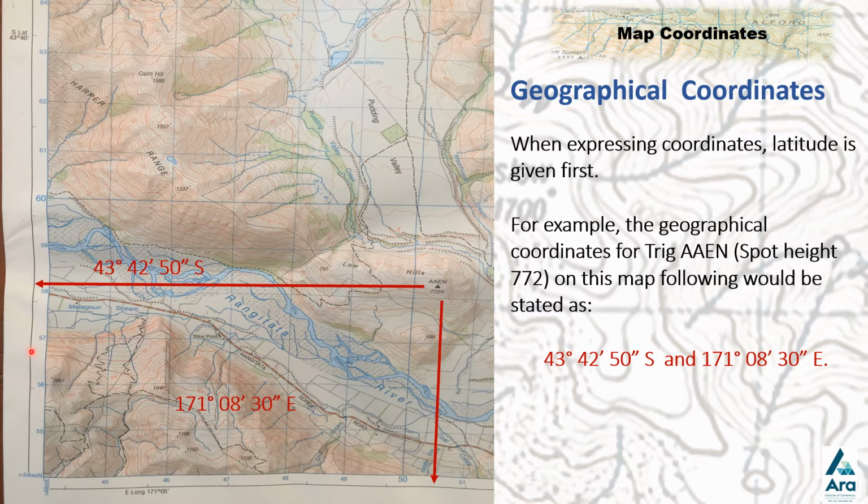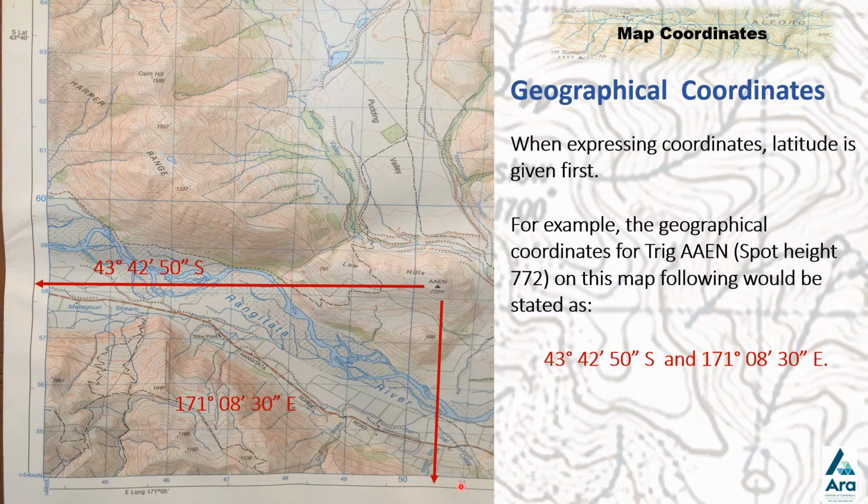Then to express them as longitude, again go along to the mark that we want to position, and we come straight down to the line of longitude to here. Go to our marker, we've got 171 degrees and 5 minutes, that's that marker there, so 5 minutes, 6, 7, 8, 9, so between the 8 and 9.